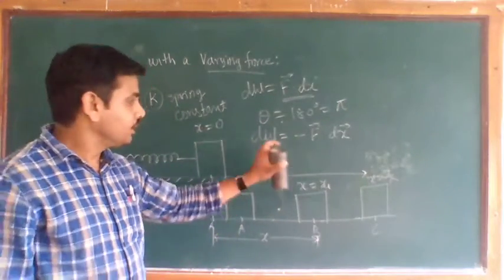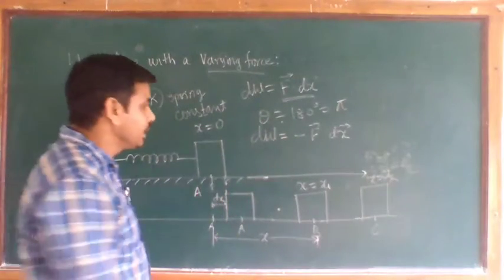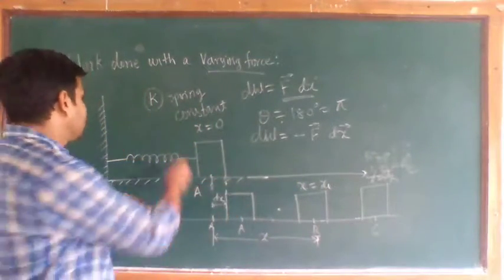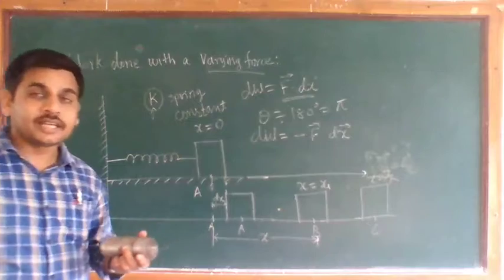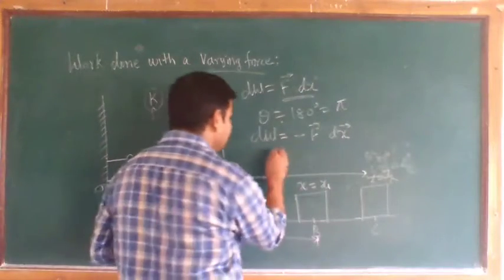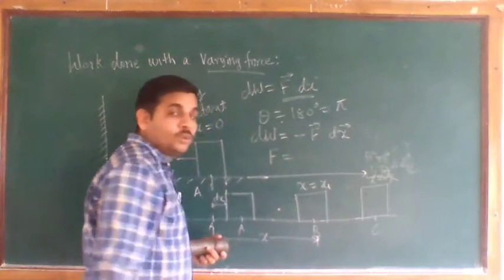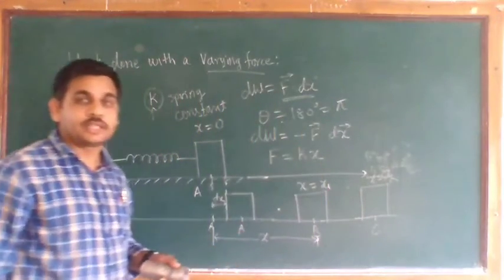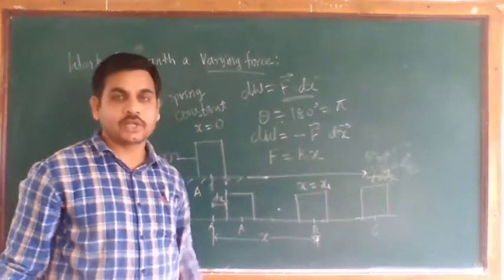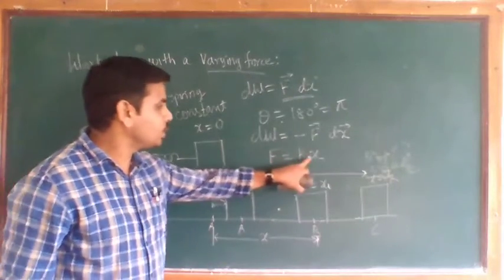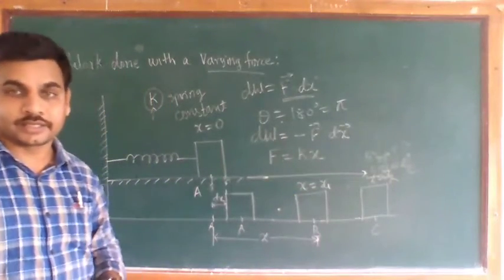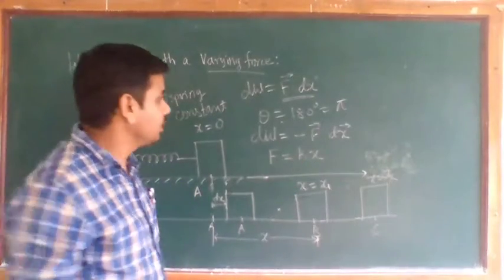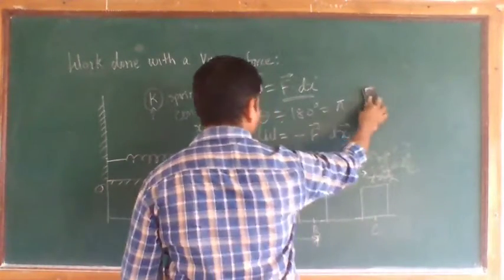Okay. Now one more thing: here we are considering the spring with spring constant K, then the force is F equal to K times the elongation. It means that F is equal to K into x.